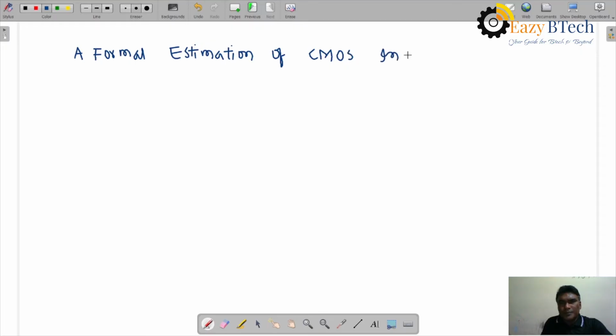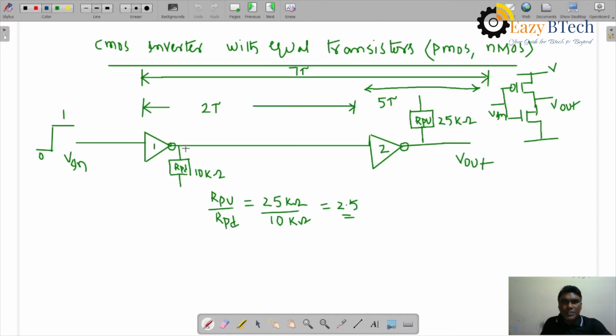Basically we use resistance, but if resistance is not mentioned, we use the formal estimation of CMOS inverter time delay. If resistance is mentioned, pull up, pull down, then the ratio will be taken.